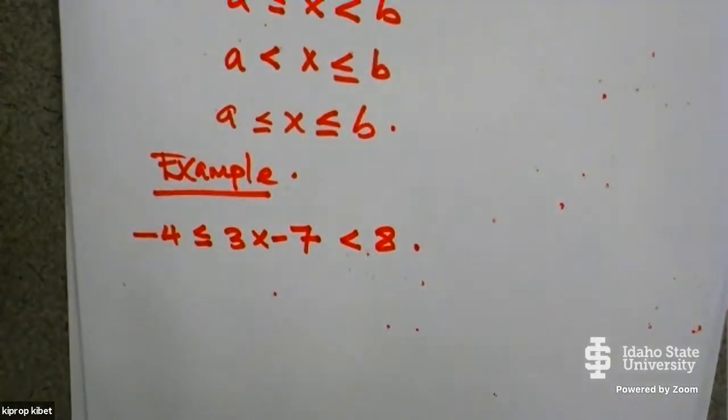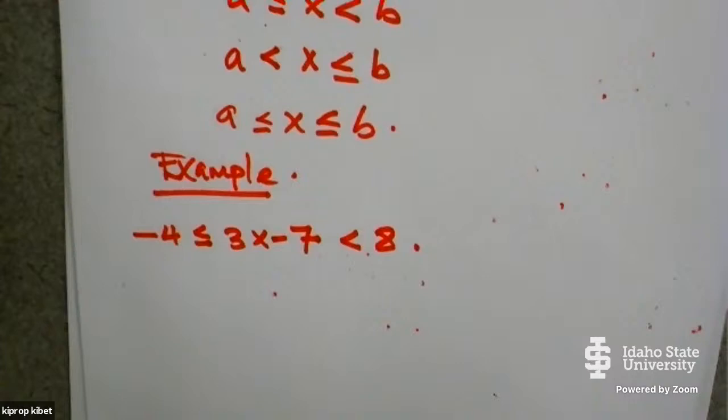Graph the solution and then write the solution in interval notation. Now, how should we solve this? You need to isolate x here, right? So everything which is here should be outside.